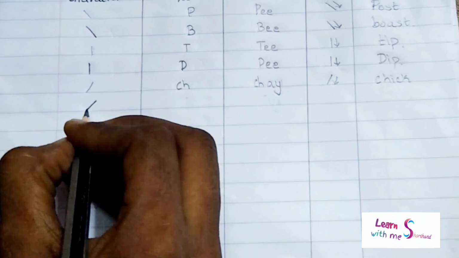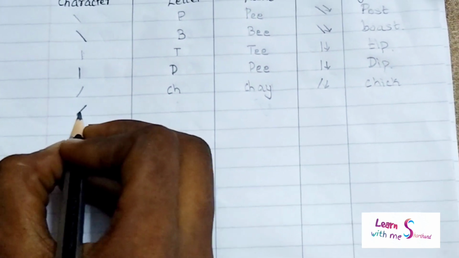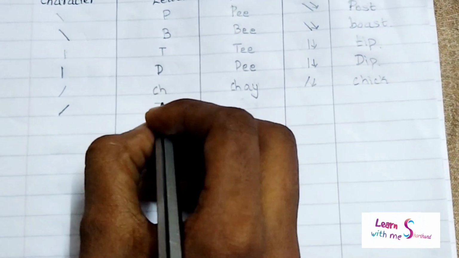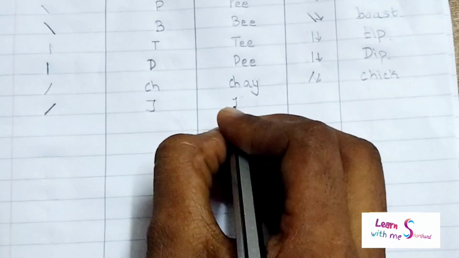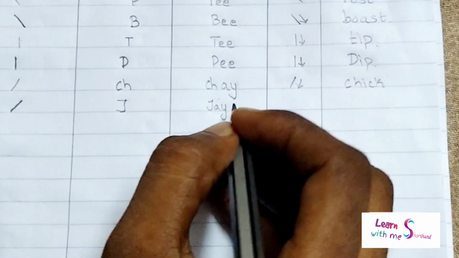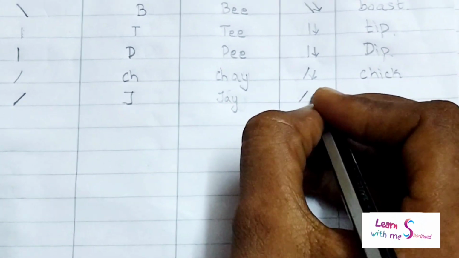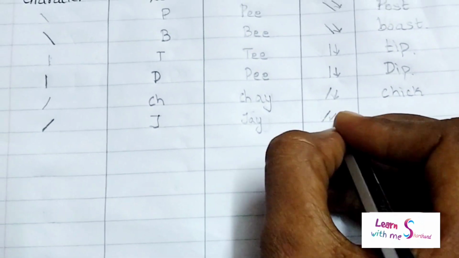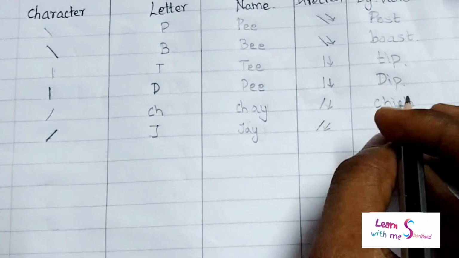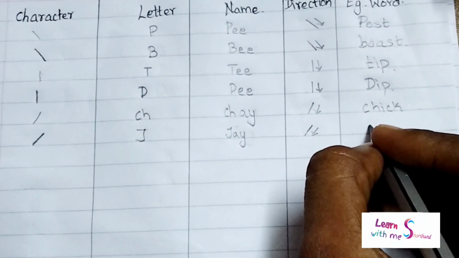Next stroke is J. J is a darker stroke. The letter is J and the pronunciation is also J. Direction is right upward to left downward. Example for J is jack.